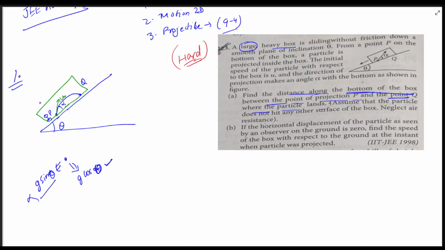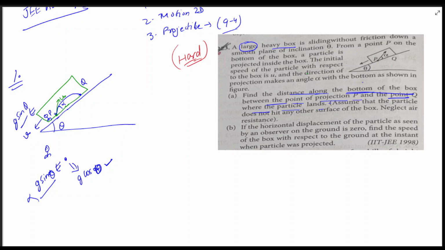Why? Look, this box is moving with an acceleration g sine theta. It is sliding down the inclined plane. Let's suppose this box has a velocity v from the outside, and it has an acceleration g sine theta.